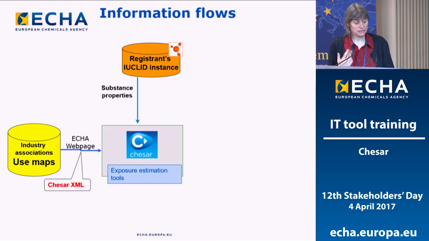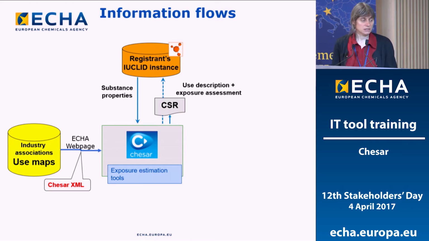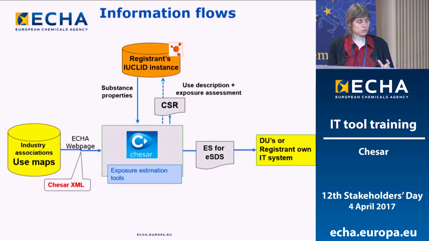From Chesar, the CSR is generated, and there is also a possibility to report automatically in IUCLID some information on the use description and exposure assessment, which is then part of the technical dossier. It's also possible from the same set of information to consistently generate the exposure scenario for communication. And there is both the possibility to have a print version, but also an IT XML version that can go directly to the downstream user or the registrant on an IT system.